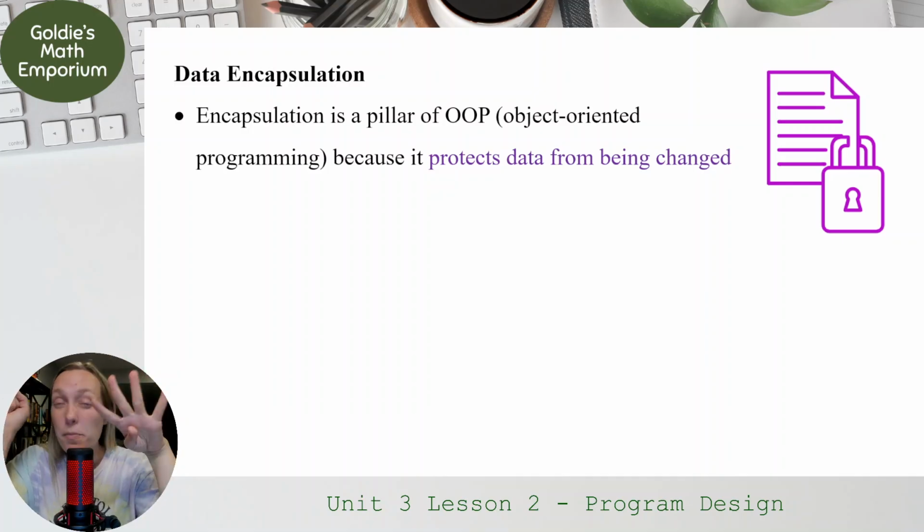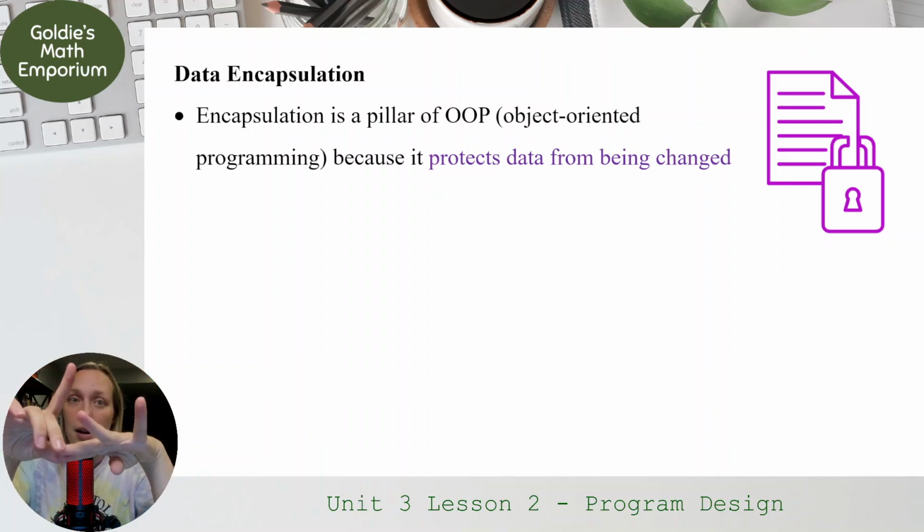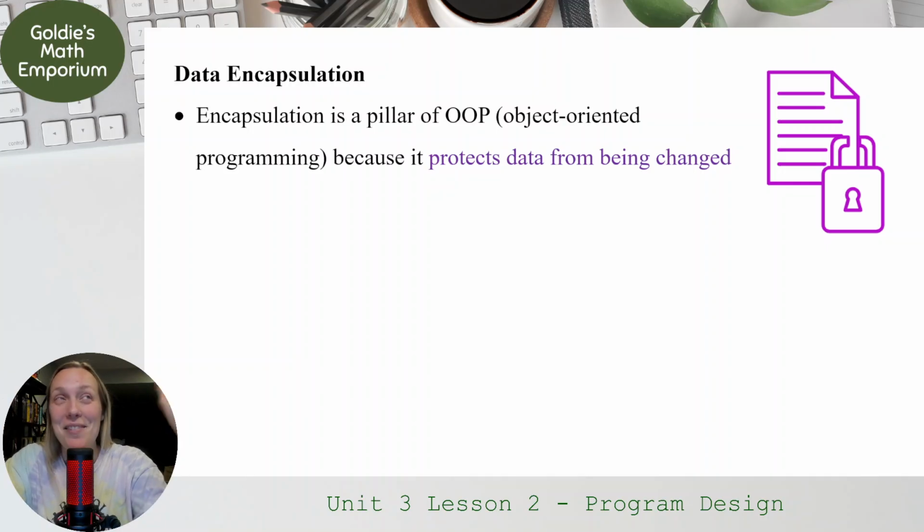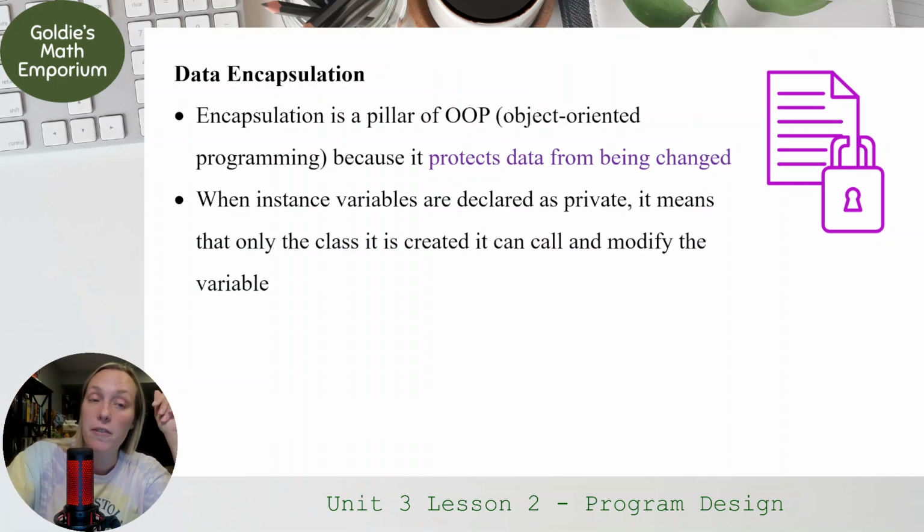The 4 pillars of OOP are encapsulation, abstraction, polymorphism, and inheritance. Okay, and we used to talk about all of those in AP CSA, but we've gotten rid of a few of them. So encapsulation is the big one now that we cover in CSA. But what you have to know is it just protects data from being changed.